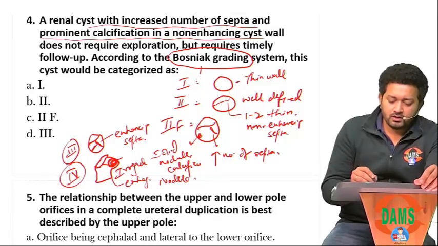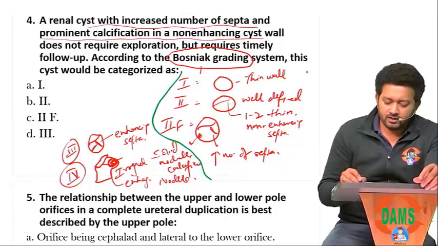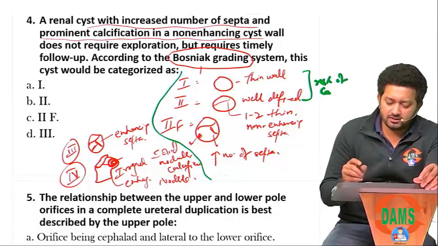So if we see in these 5 types, in the first two the risk of malignancy is almost nil.